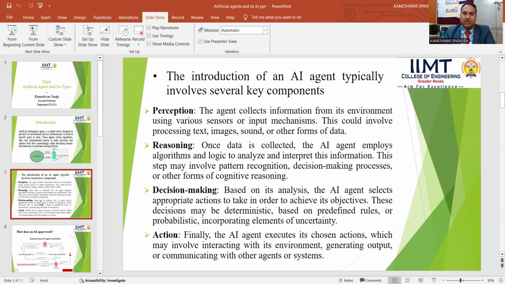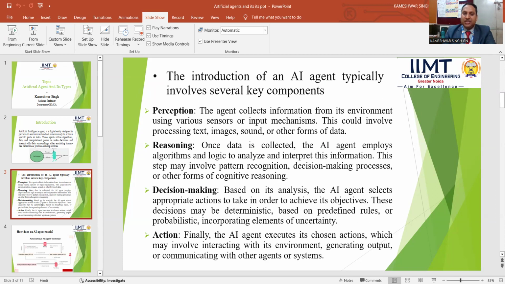This step may involve pattern recognition, decision-making processes, or other forms of cognitive reasoning. So different kinds of reasoning are solved by the agents, which take input from the users and solve through these algorithms.